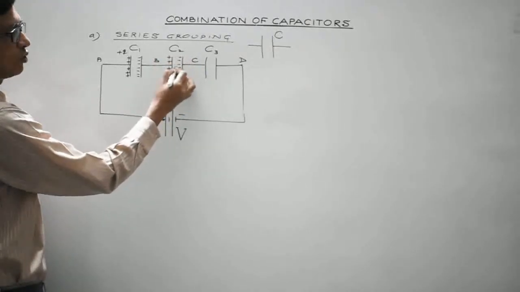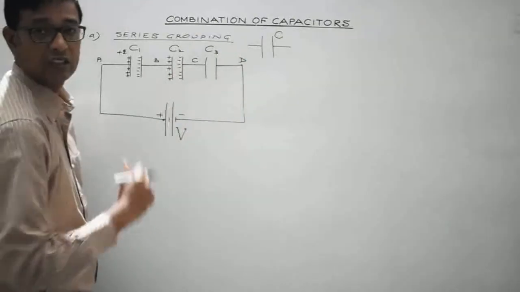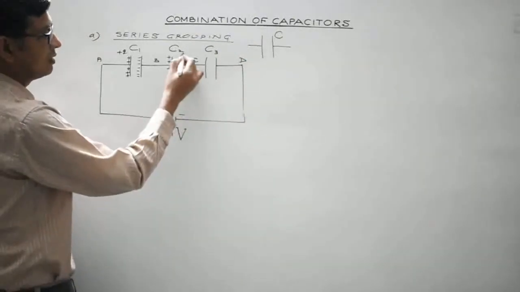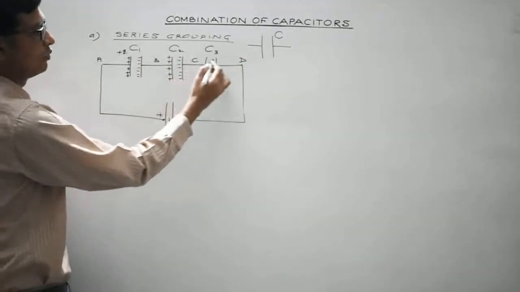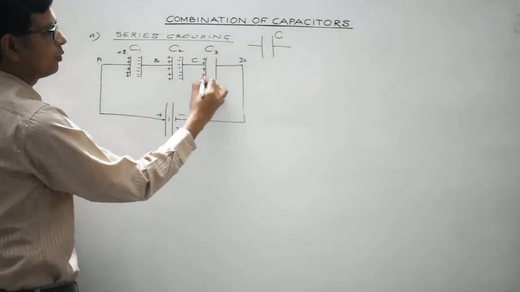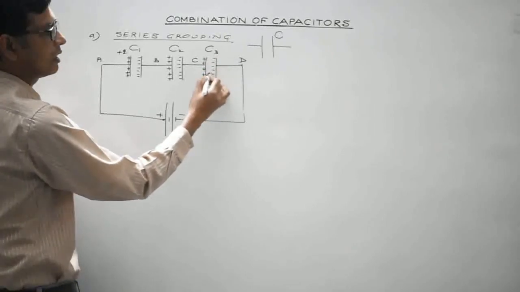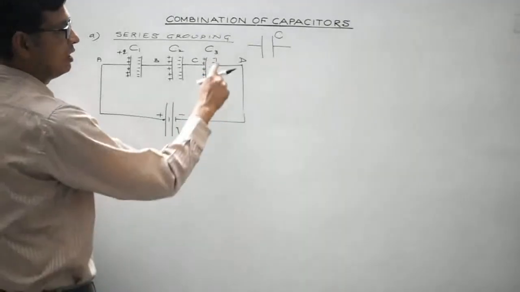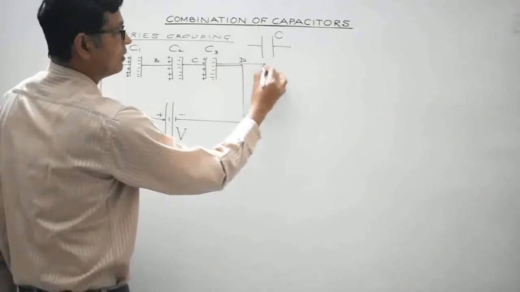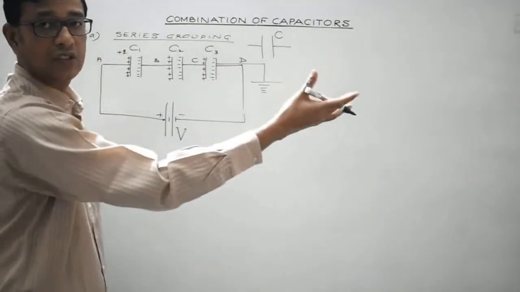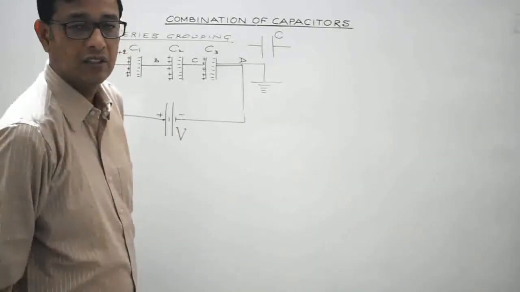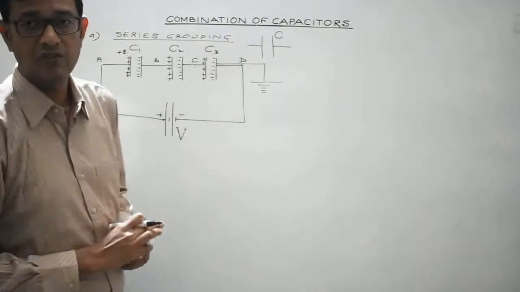Again, negative charge will be developed on the inner face of the other uncharged conductor. Again, the positive charge developed on the farther face will get neutralized by the electrons coming over from here, so it will again have positive charge, and the other will acquire negative charge. And if the last plate is earthed, then the positive charge developed on the farther face will get neutralized. So that's the concept involved. We all are aware of it, right?